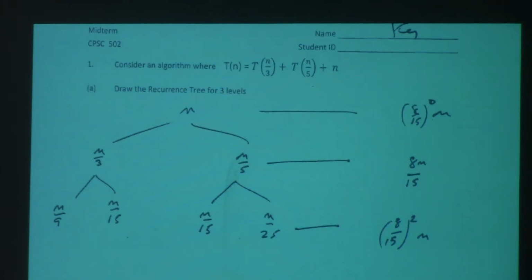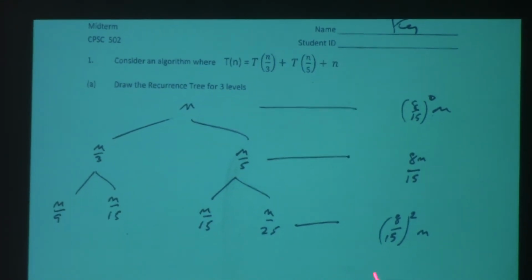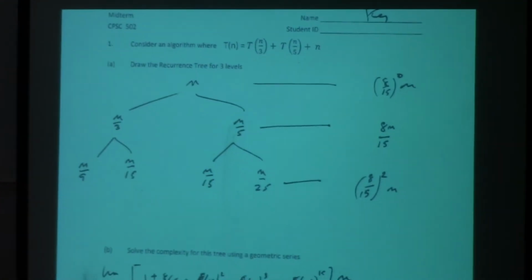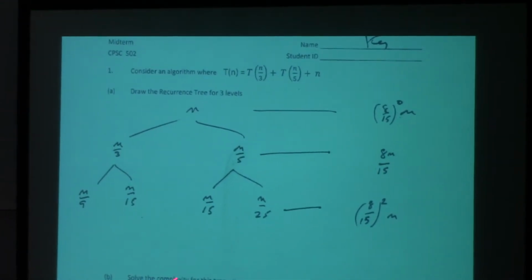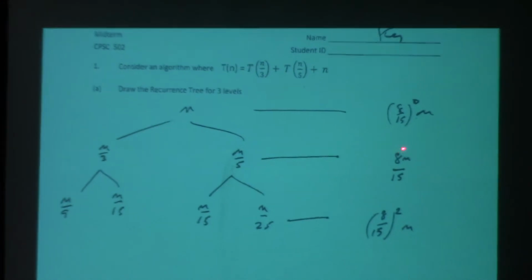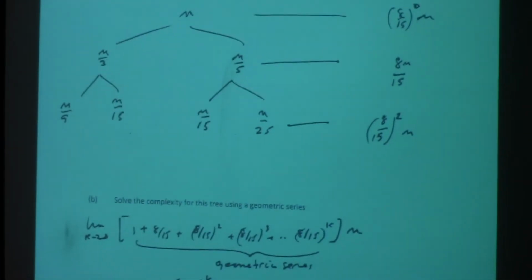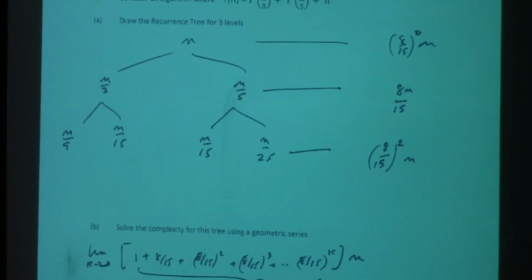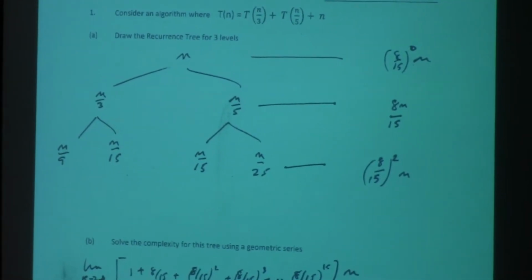But we can still solve for the complexity by recognizing the fact that we're adding this, plus this, plus this, plus this, so many times, all times n. So what we have here is basically 1, which is to the 0, 8/15, 8/15 squared, 8/15 cubed, and then we're going to do it some number of times. That's called k times, so that's why I use k here.